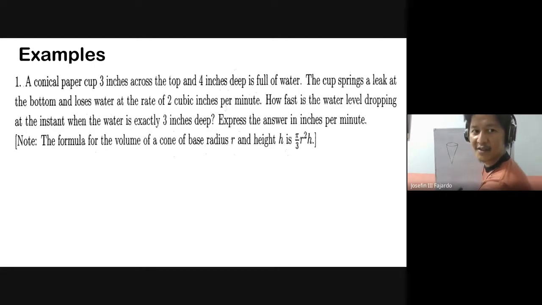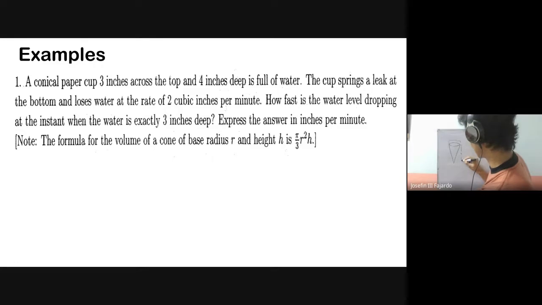Okay, sabi dito, 3 inches across the top and 4 inches deep. Okay, so across the top 3 inches, ibig sabihin ito yung cone daw natin ay 3 inches in diameter and then 4 inches deep, full of water. Ito rin ay 4 inches.